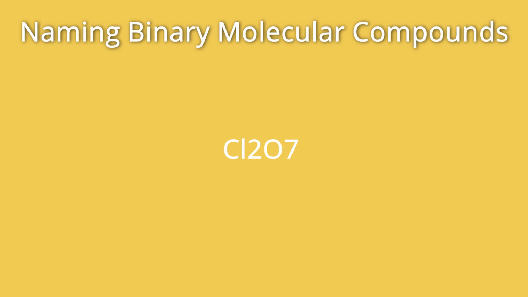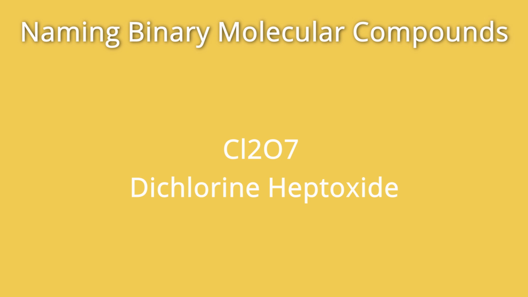The prefix for 7 is hepta. But because oxygen starts with O, we don't need that A there. So it just becomes heptox, and then we end with an "ide," heptoxide. So this becomes dichlorine heptoxide. And that's all there is to it.